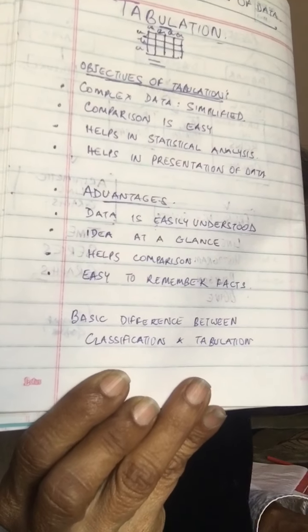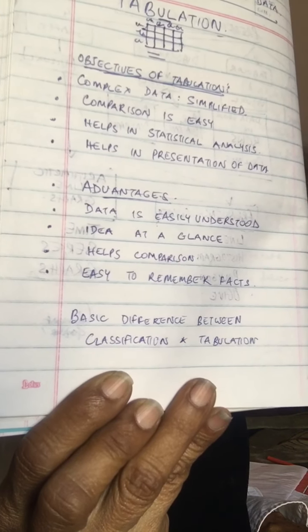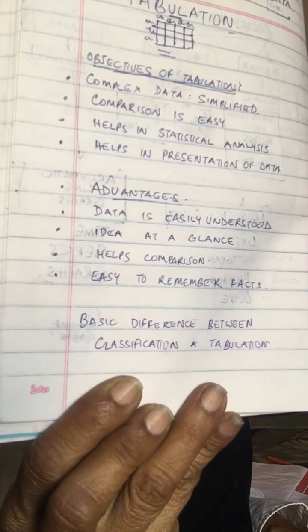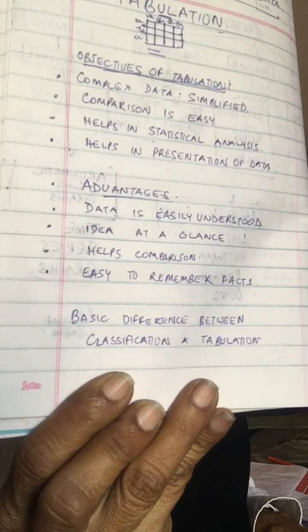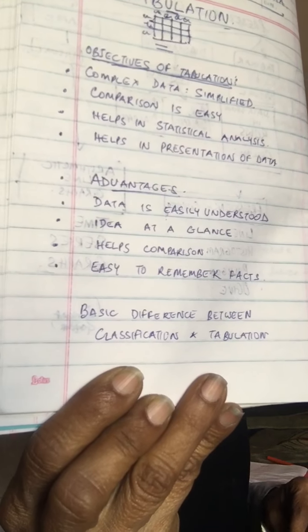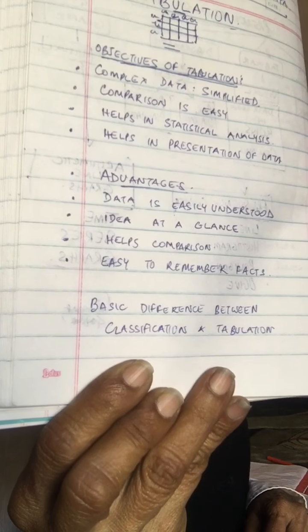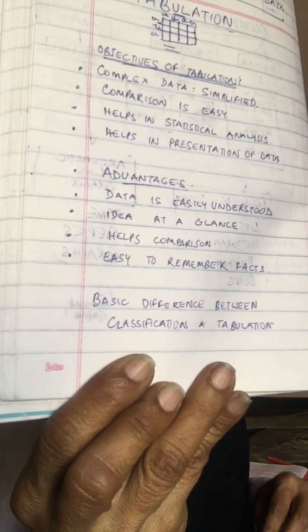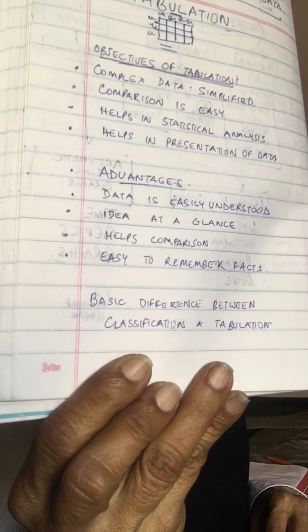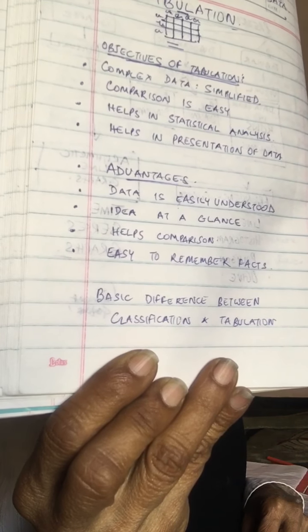Then what is the objective of classification? Collected data are classified according to their characteristics. And tabulation is a process of arranging the classified data into different columns and rows. Classification is a method of statistical analysis, and tabulation is a process of presentation of data.